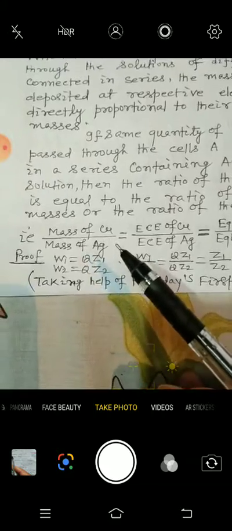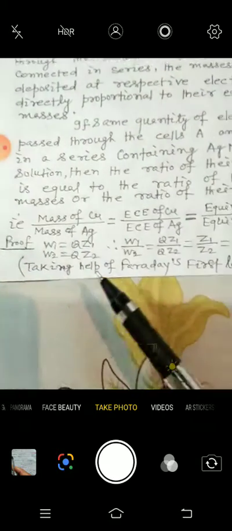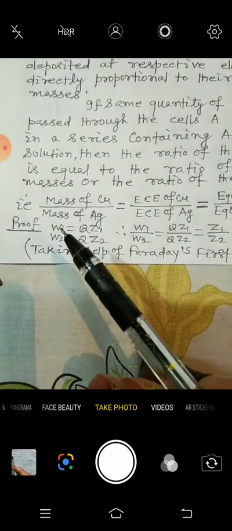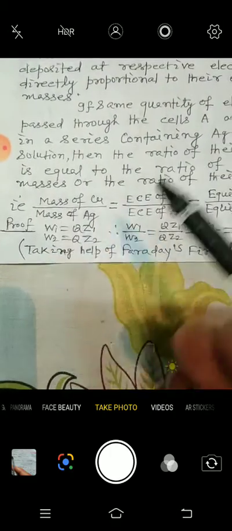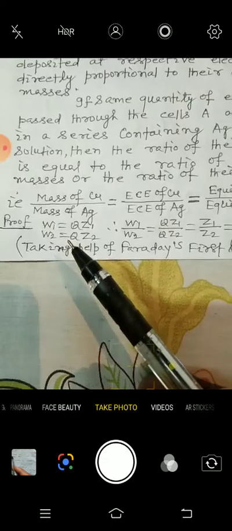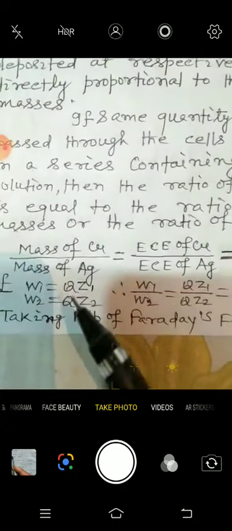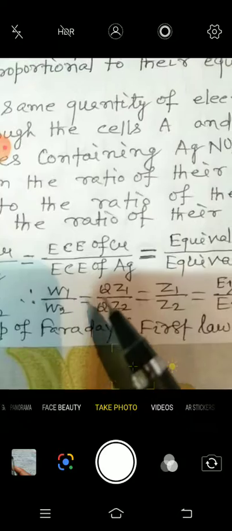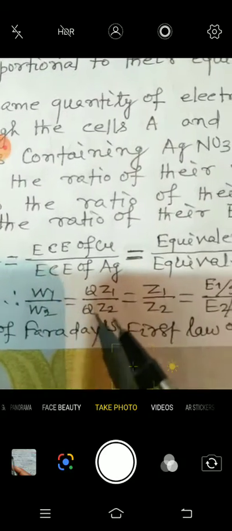This can be proved on the basis of Faraday's first law. Suppose W1 is the mass in one container and W2 is the mass in the second container. Then W1 will be equal to QZ1 and W2 will be equal to QZ2, so W1 by W2 will become QZ1 by QZ2, that is Z1 by Z2.